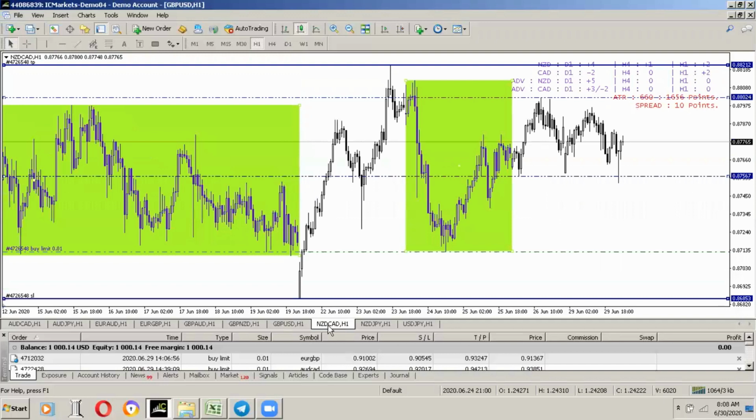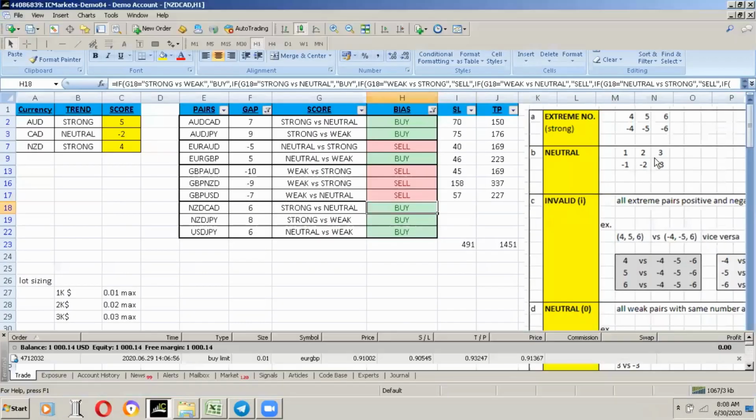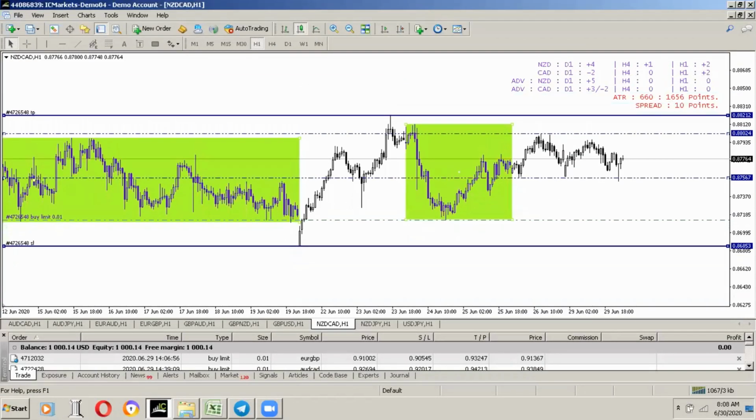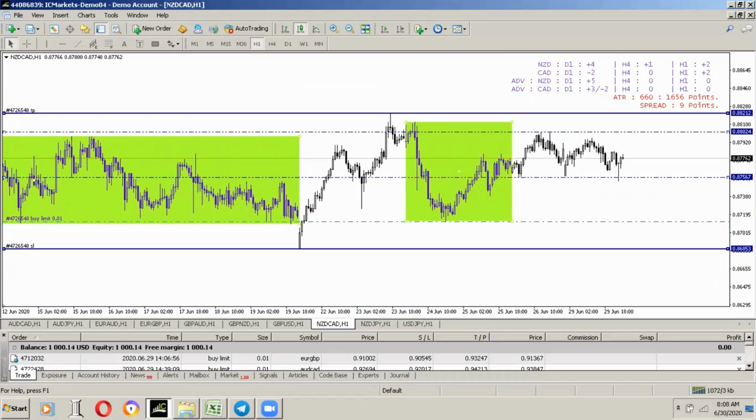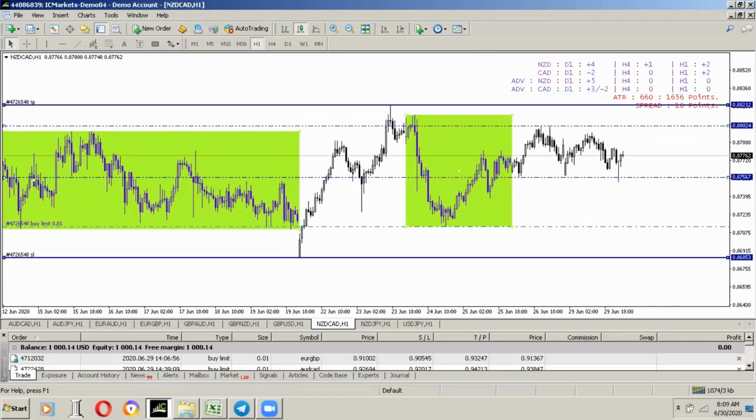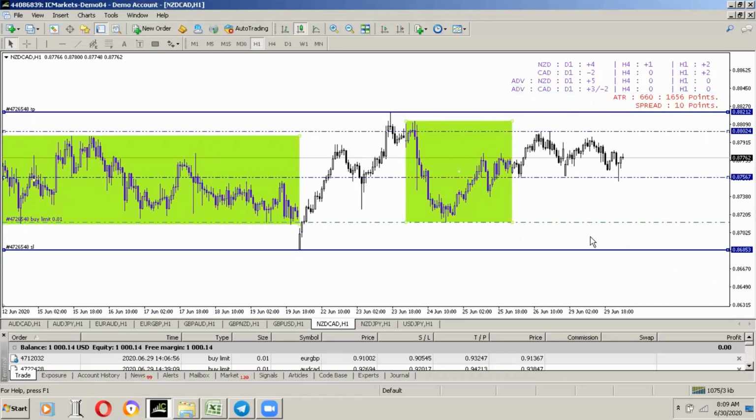Next would be NZD CAD. So for NZD CAD, we have a buy signal. For me, it's much better if it comes back to this area, where it retests the support. It could also work here, but if it's here again, it's not ideal anymore. So the RRR is less than 1:2.